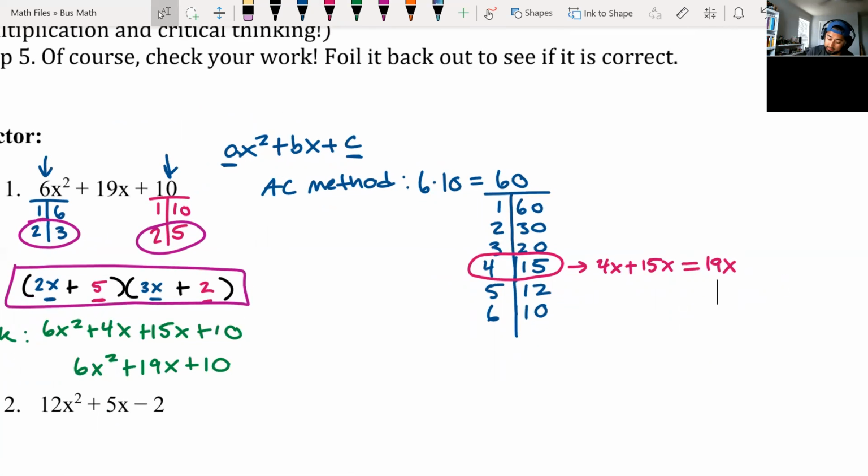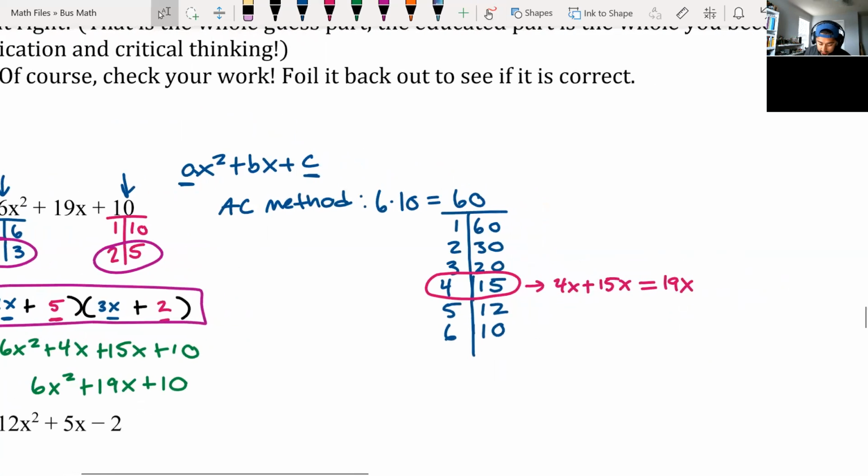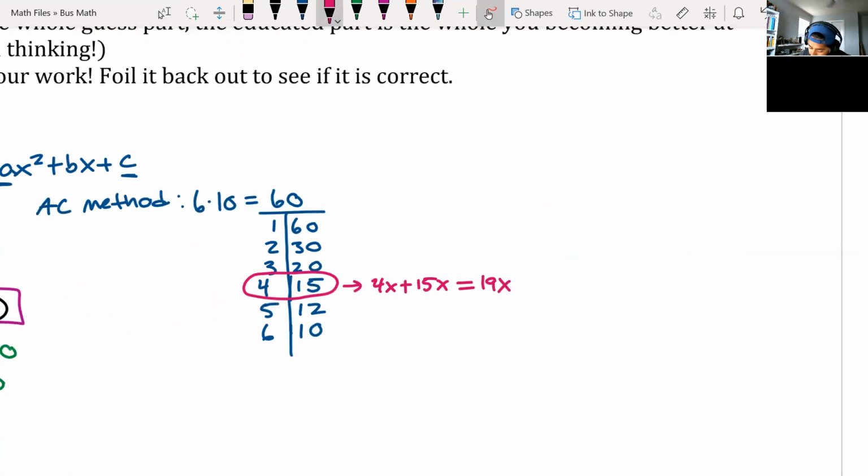So I'm going to rewrite this over here to the right. We'll start with the original problem again, 6x squared plus 19x plus 10.